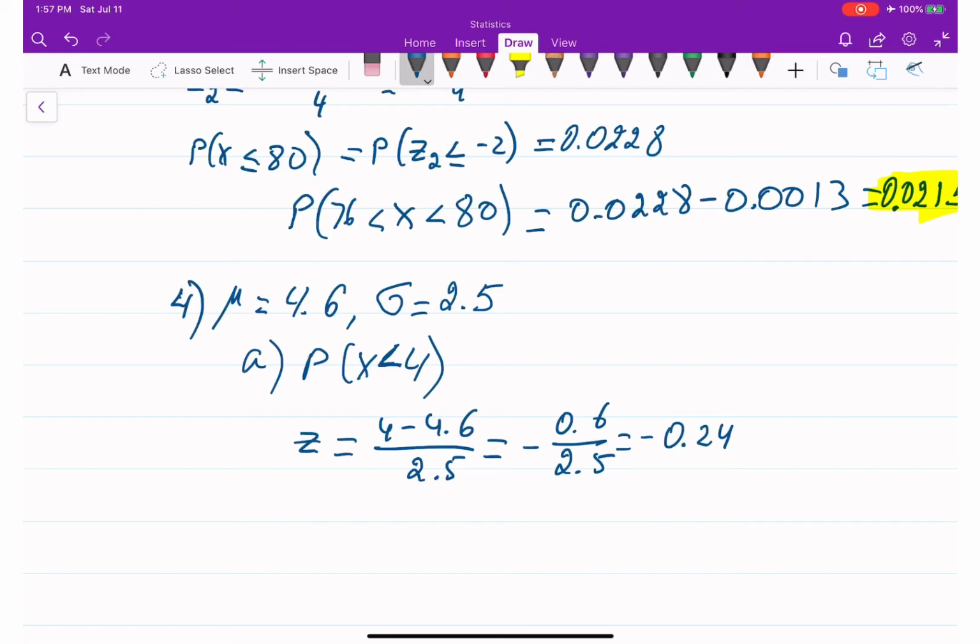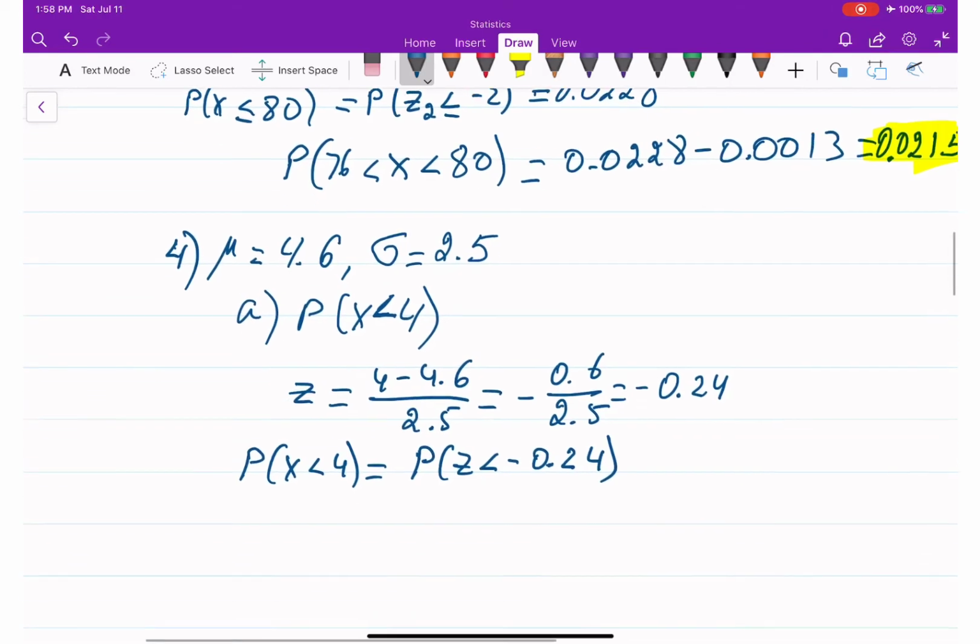Okay, which means x less than 4 is equal to the probability of z-score less than negative 0.24. Because the z-score always represents x, right? And we use the z-score to have access to the table. As I said, x value doesn't have direct access to the table.